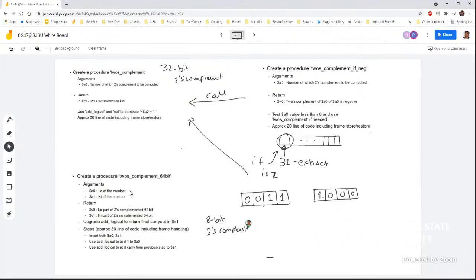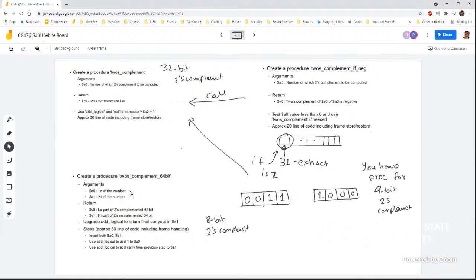But what you have is a procedure for a 4-bit 2's complement. So exactly what needs to be done here is this, right?